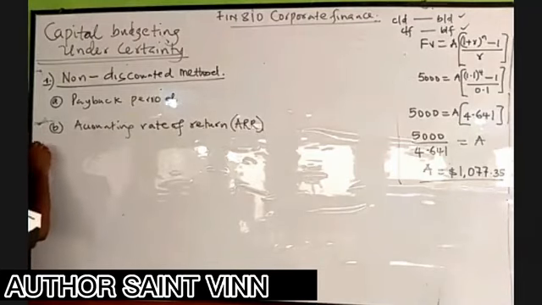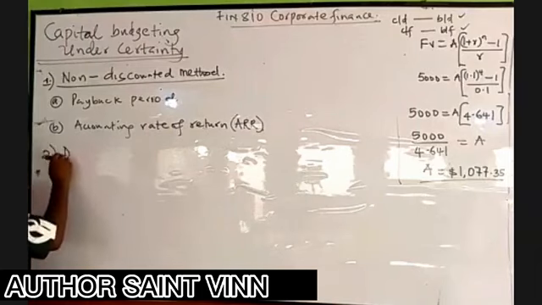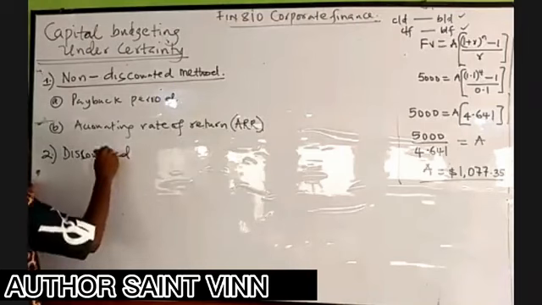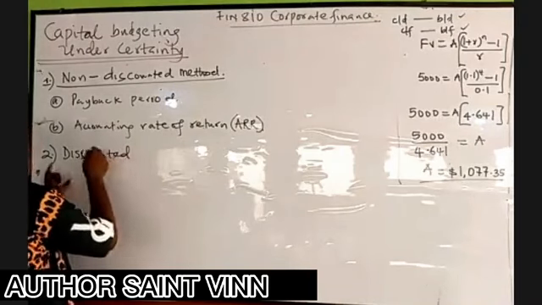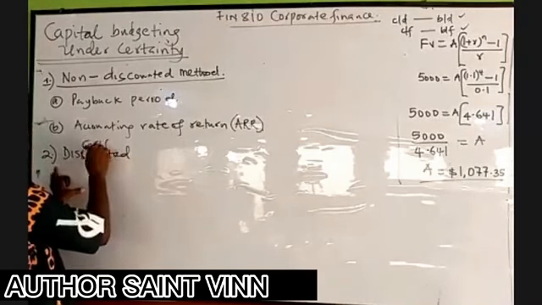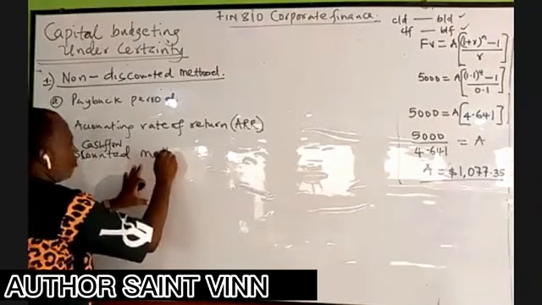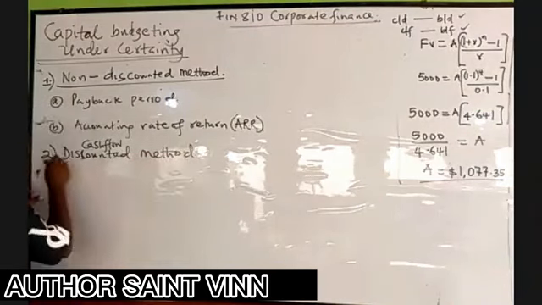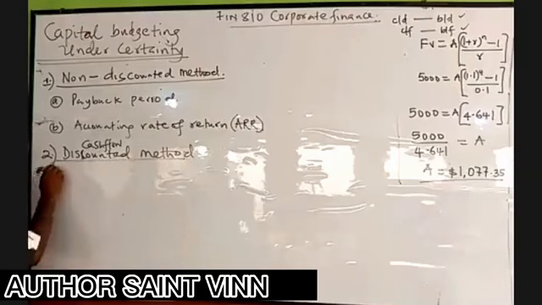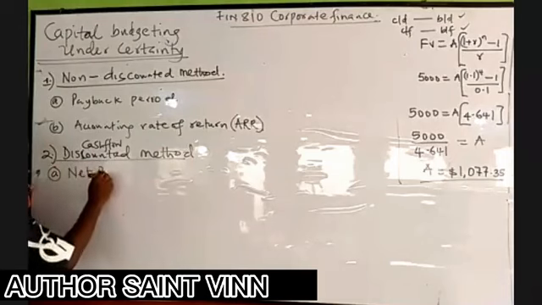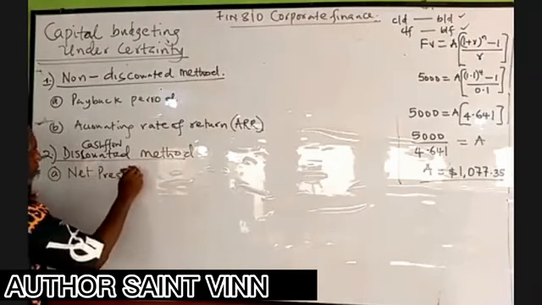So number two, this one is a discounted cash flow method. All we're discounting is cash flow. The first one, which is the best? Net present value.